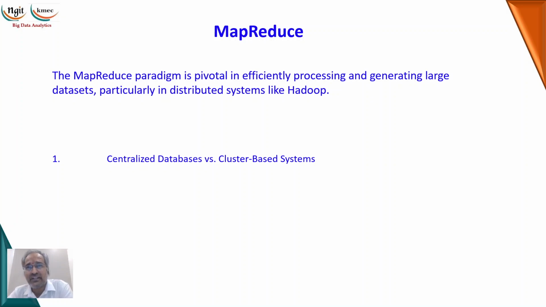That is the centralized database. In a cluster-based system, there will be a replication factor and fault tolerance is also available. All these are available in the distributed environment. Distributed systems have the fault tolerance concept and the whole environment to handle failures. So that is called the MapReduce environment.